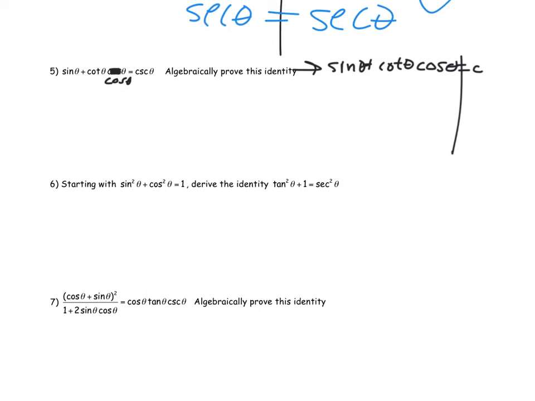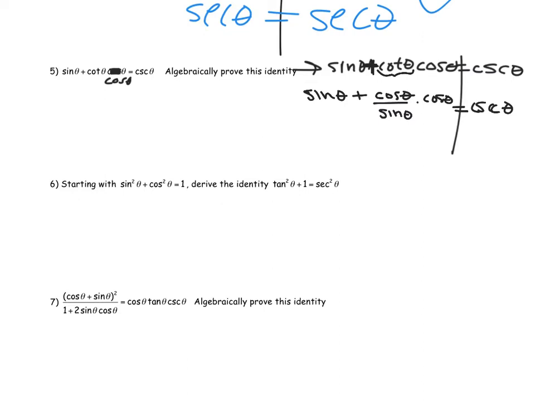Okay, so let's start to simplify what we got here. We have sine theta plus our cotangent of theta. I'm going to rewrite this in terms of sines and cosines. So I have sine theta plus cosine of theta over sine theta times cosine of theta is equal to cosecant of theta.